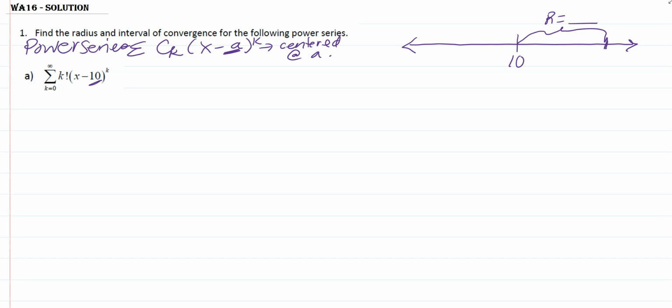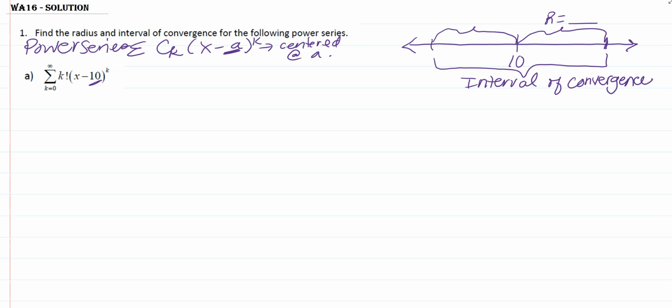And with that radius of convergence, you could go to the left or you could go to the right. So from here to here is how you would describe your interval of convergence. And when looking at the interval of convergence, you want to know, am I going to include or not include the endpoints? Okay, so that's conceptually what we are doing.